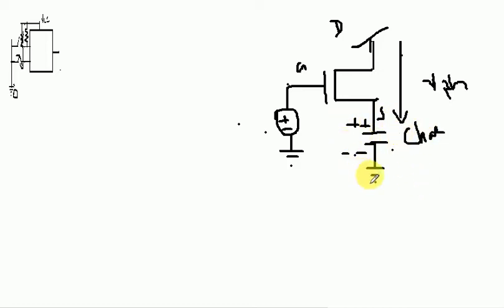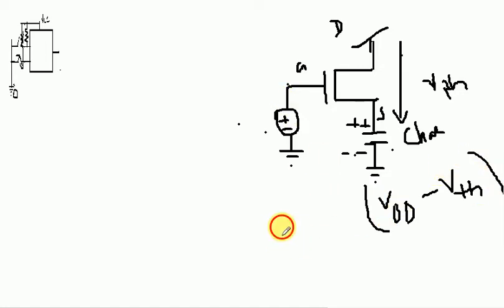Now the question is, up to what amount is it charged? Say when the capacitor voltage is close to VDD or VCC minus VTH, and my source voltage is also, say, VDD.